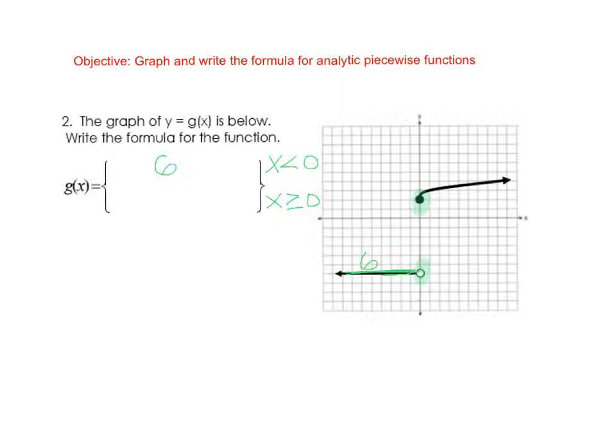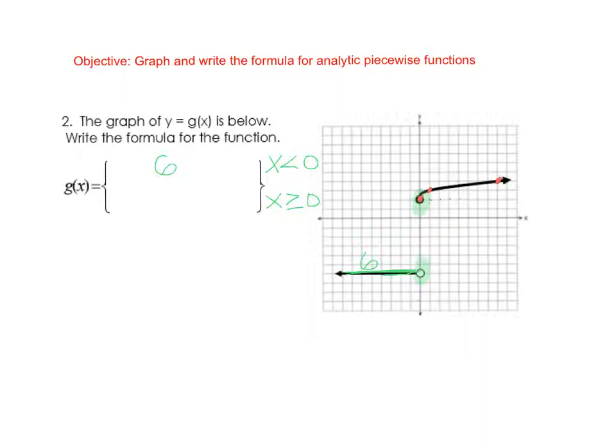Now, the one on the top, that looks like a parabola. Let's check. If this is my vertex point, over 1, up 1, 1, 2, 3, 4, no. So let's see, where else is there a point? Looks about here. If you go 1, 2, 3, 4, 5, 6, 7, 8, up 2.